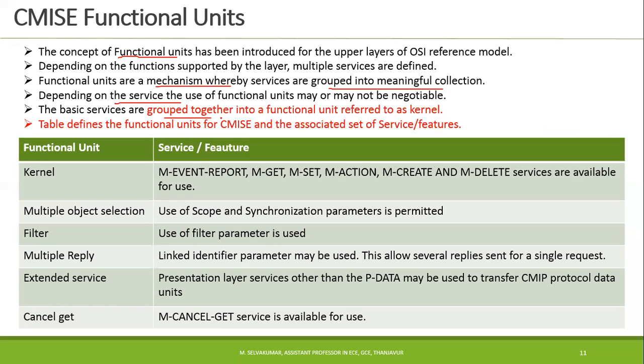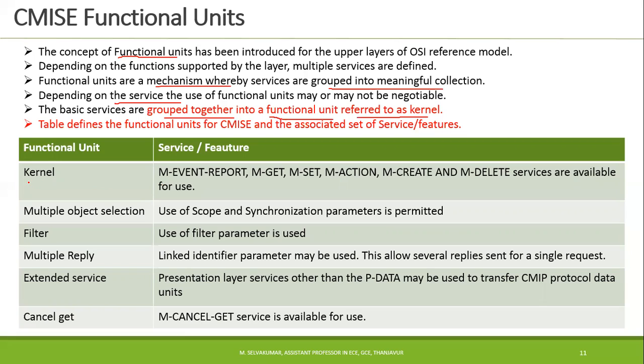The basic services are grouped together into a functional unit referred to as the kernel. These are the common services used to get responses from remote systems, such as M event report, M get, M action, grouped into one function that we call the kernel.